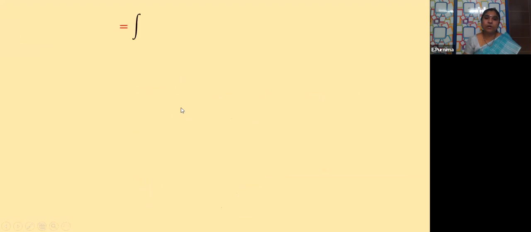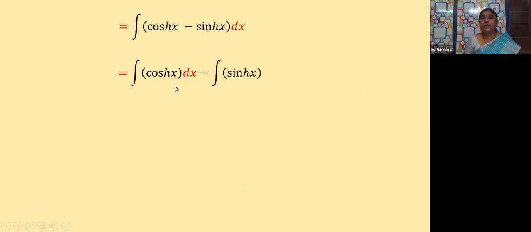This is the term we got, children: cosh x minus sinh x dx. So let us split them into two integrals. How do we split? Integral of cosh x dx is the first function minus integral of sinh x dx is the second function. So what is the integral of cosh x dx?